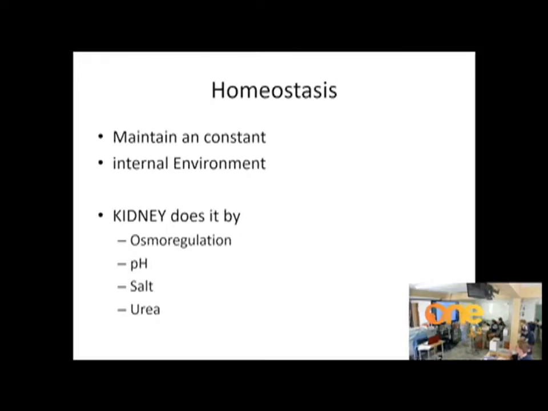pH, where is the pH regulated in the kidney? Which part of the nephron? In the distal convoluted tubule. Yes? Okay. And salts? How is the concentration of salts regulated by the kidney? Actually, the whole nephron.